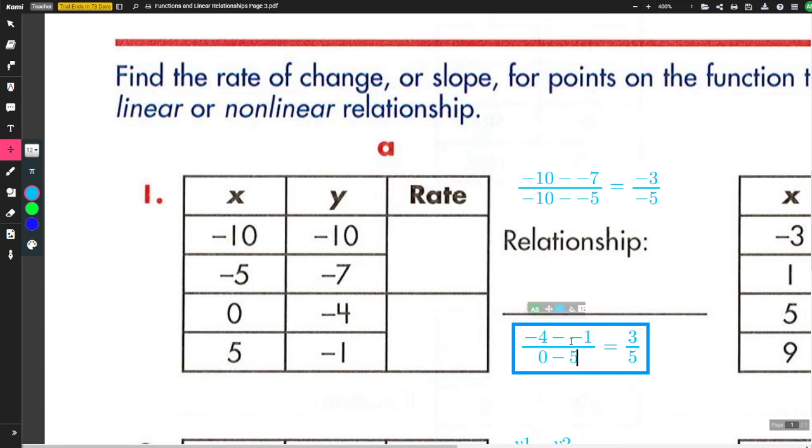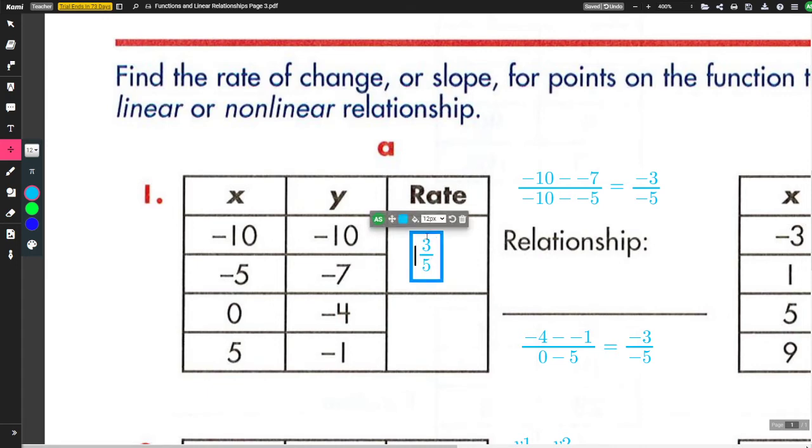So -4, and I'm taking away 1, it's going to be -3, and 5 minus 0 is going to be -5. So here you can very well tell that it will be 3 over 5, -3 or -5, either way works, in this case, because they're both negatives. So 3, 5.